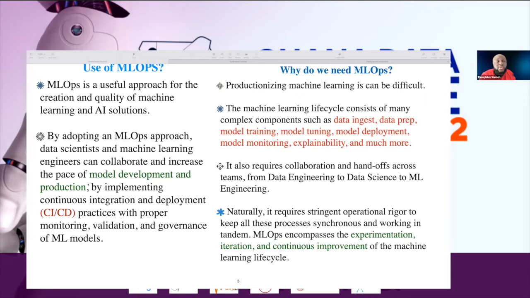Because once you are talking with many teams, you need to be able to sync all these ideas and work in tandem. So MLOps encompasses the experimentation, the iterations, and the continuous improvement of this machine learning life cycle.